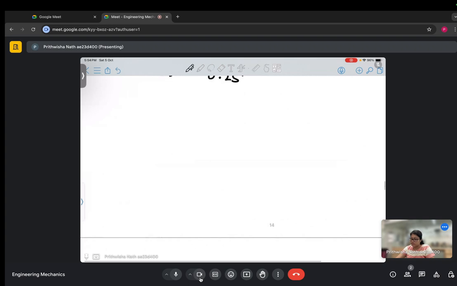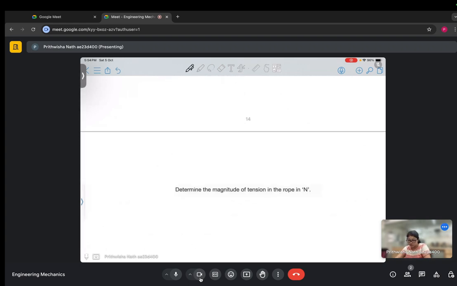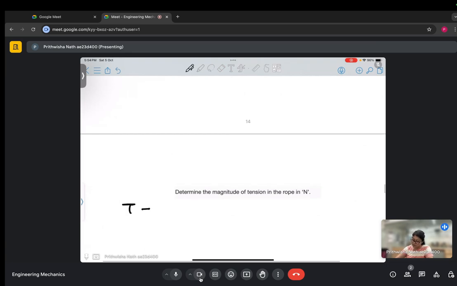Now moving on to the next part of the problem, magnitude of the tension in the rope. So tension is nothing but 25.92 into a, and we already calculated a, so tension is nothing but 0.70.